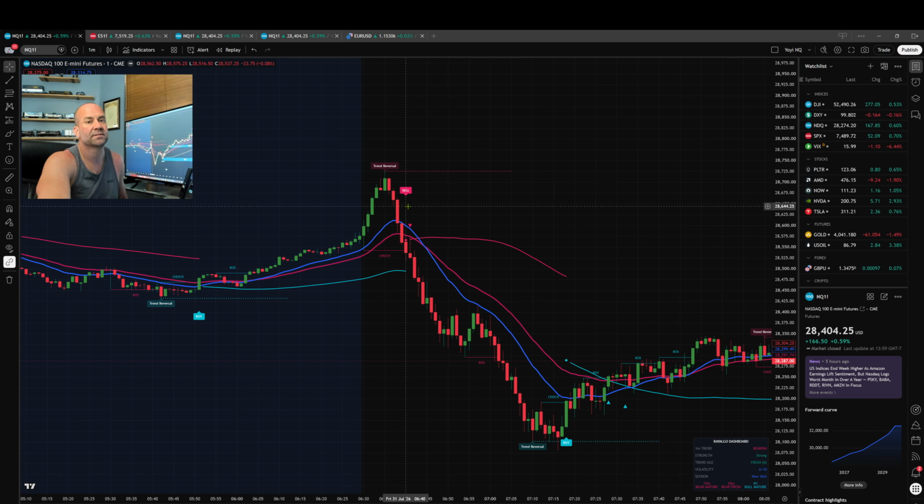Let's talk about the sell signals. The sell and the trend reversal are always going to print at the same time. Like right here, this 640 bar, this is where the sell printed. The sell indicator and trend reversal are not going to print until the bar closes.